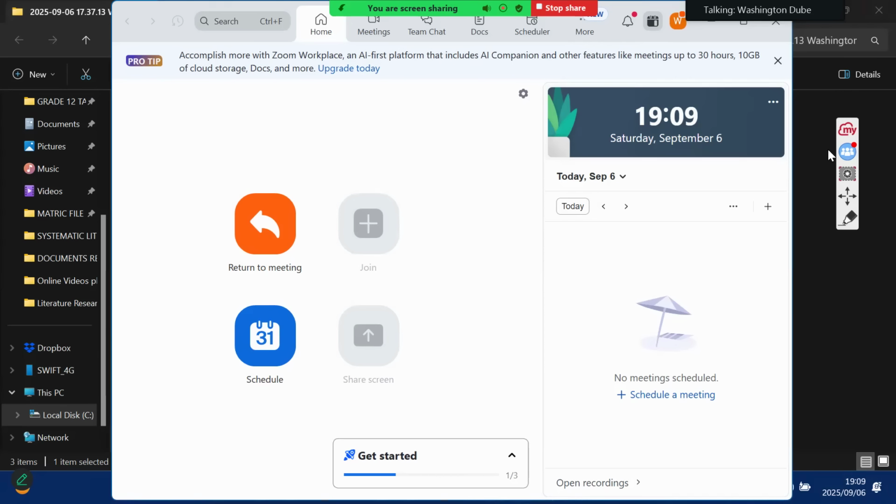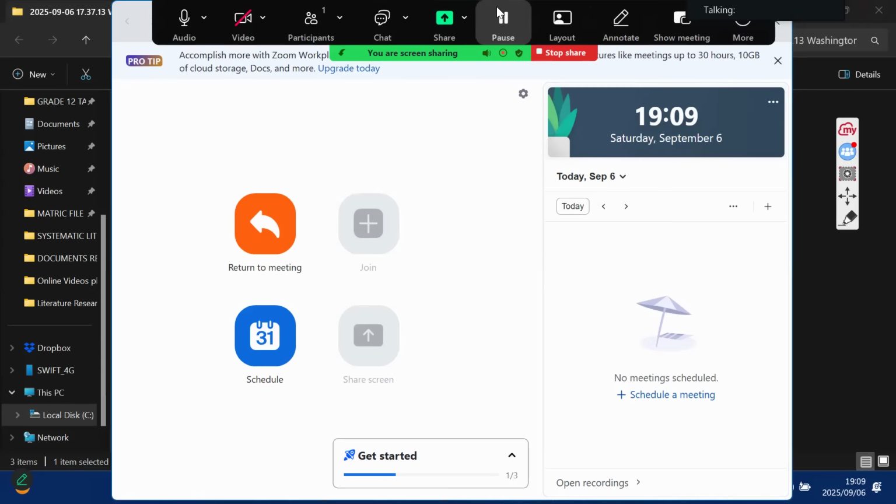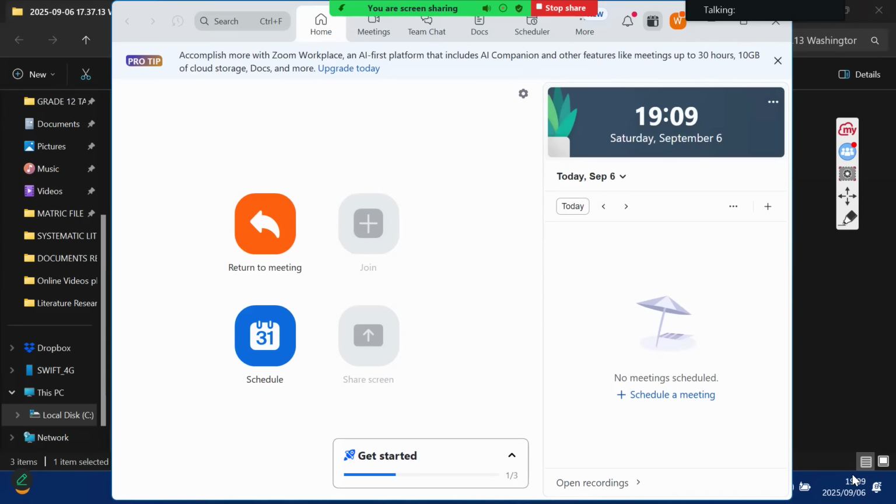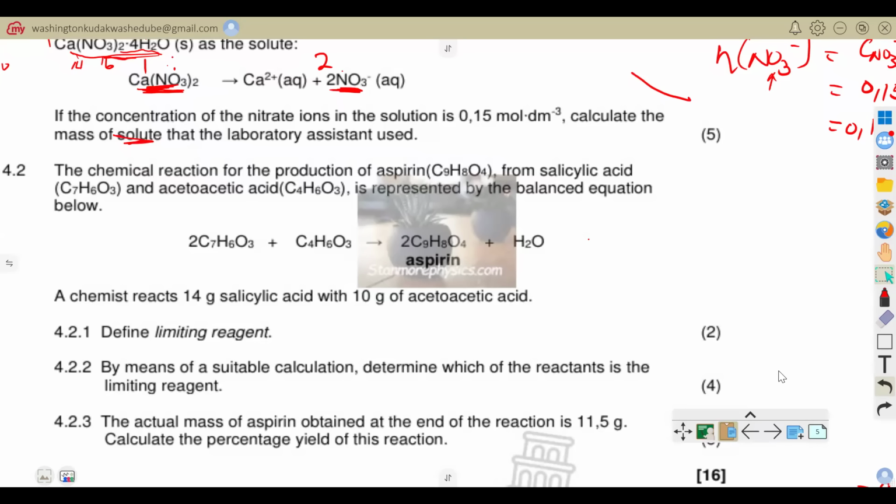Oops, I don't know what I've just done there. Sorry for that, I just clicked somewhere where I was not supposed to be clicking.